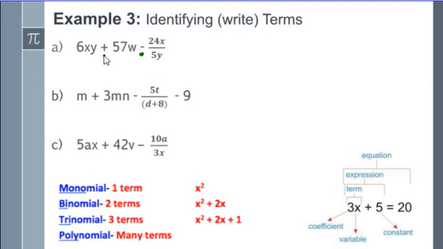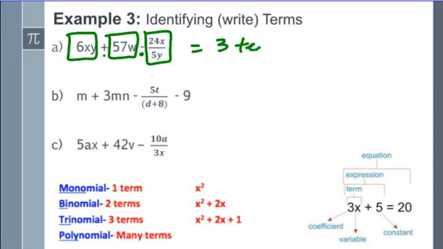So that means those are dividing my terms. So 6xy is one term, 57w is one term, and 24x divided by 5y is a term. So how many terms do I have? I have 3 terms, and I put boxes around those.